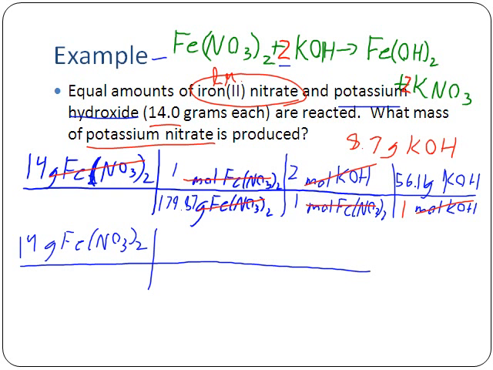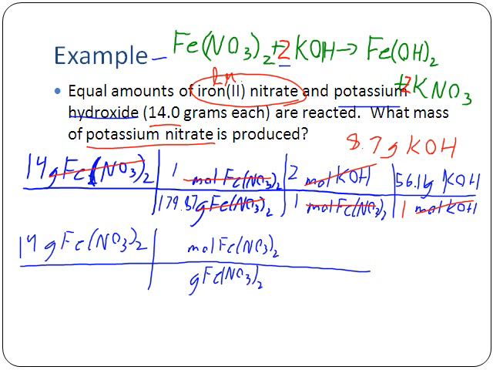We're going to convert from grams FeNO3 to moles of FeNO3, because your first step is always to go from grams of what you start with to moles of what you start with.